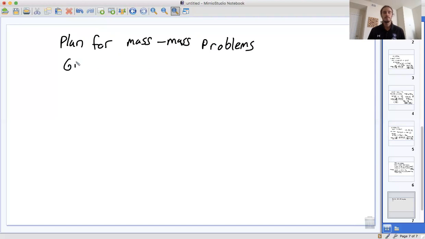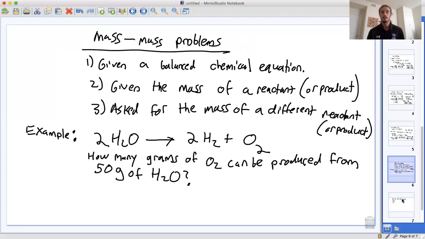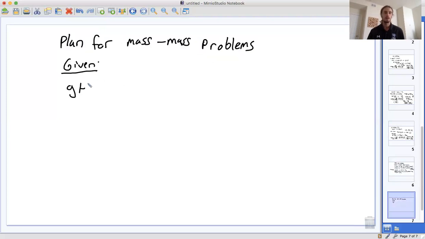We're given grams of water. And we would like to end up with grams of O2, right? That's what we want. But there's this big gap between, right? How do we bridge the gap?